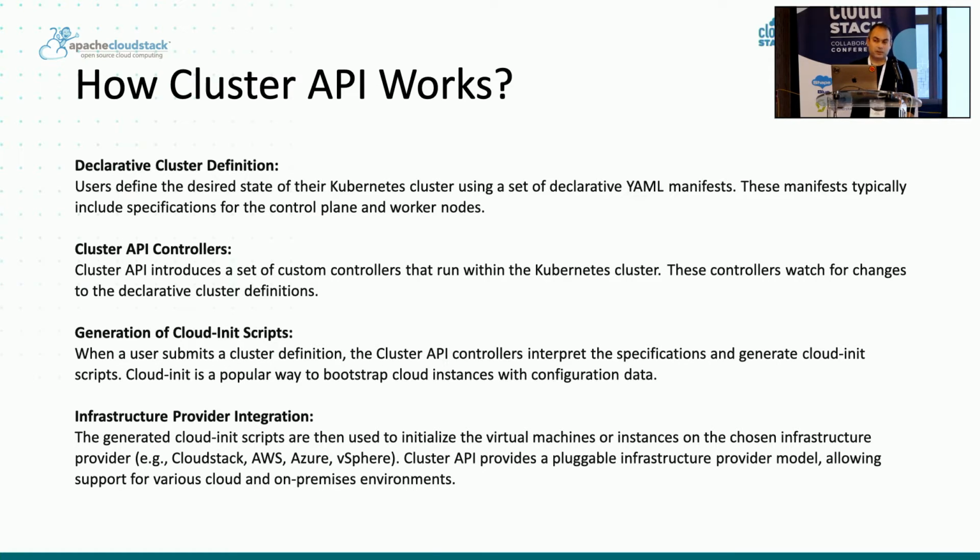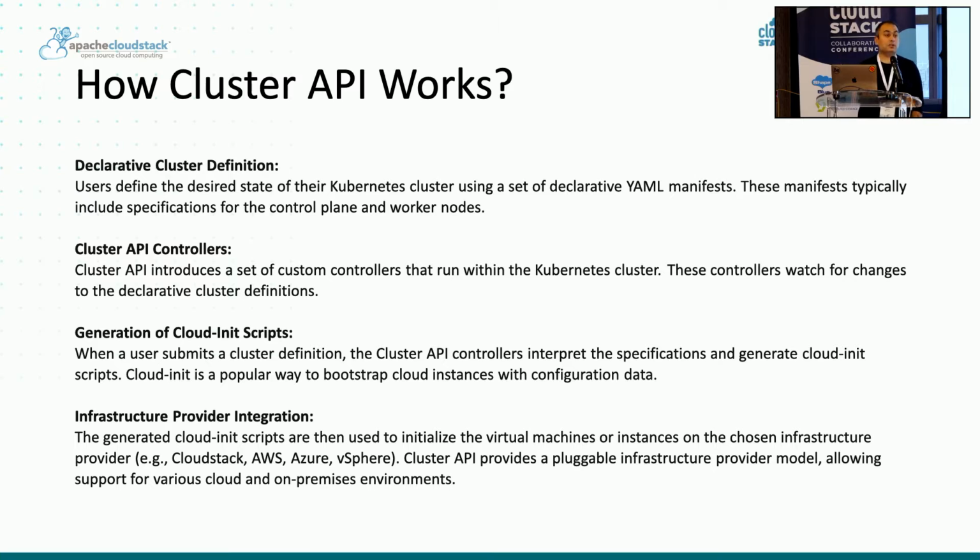So, how Cluster API works, let me give some more general info. You give declarative cluster information, you tell Cluster API, hey, I need this spec cluster in a declarative way, and then it reads your spec. It says, okay, this cluster needs this image. It needs to use this SSH key. We need to use this compute offering. We need to use these security groups. We need to apply these firewall scripts.